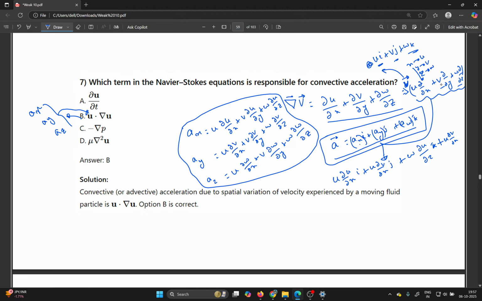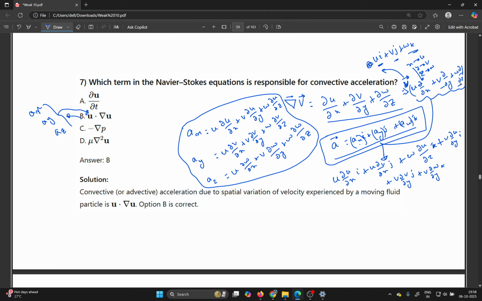Now we will multiply this second term with all three. Okay, you have to be very careful. So v del by del y, and you are multiplying with ui, so v del by del y ui, plus v del by del y vj, plus v del by del y wk.